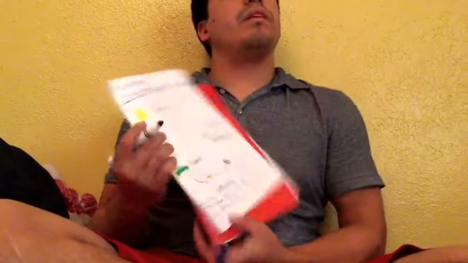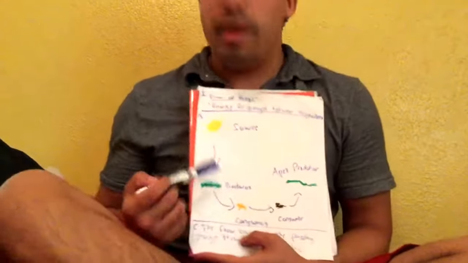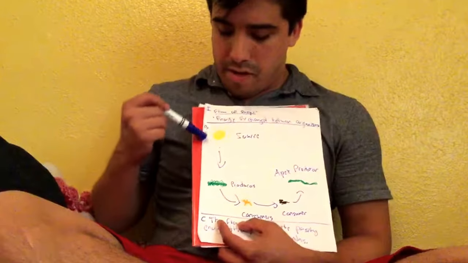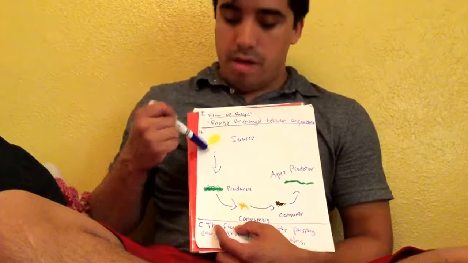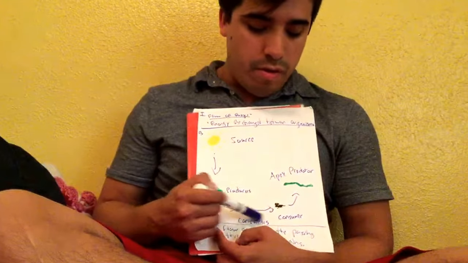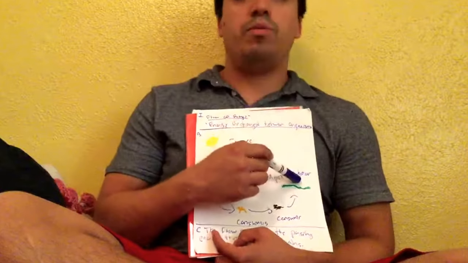Right? We could say that, huh? Because a different food chain may not be the same as this one, but they all start with the same things. They all have the source, the sunlight, which gives energy to the producer, which in turn gives energy to a consumer, followed by another consumer, and then ultimately ends up at the apex predator.